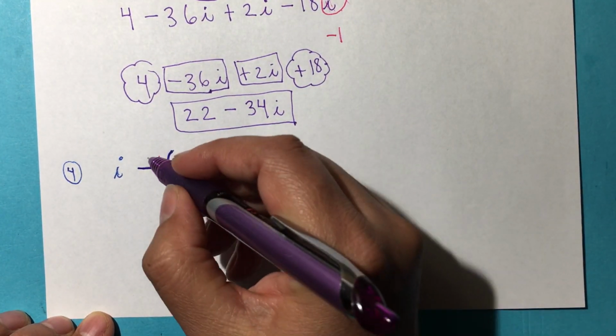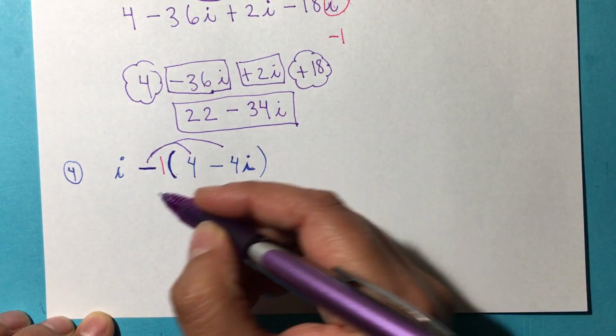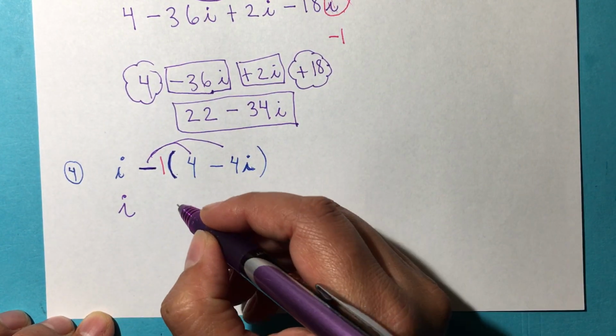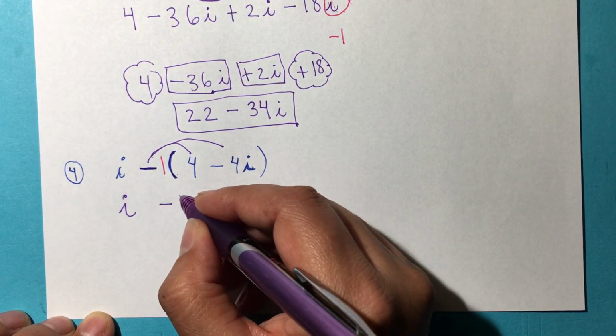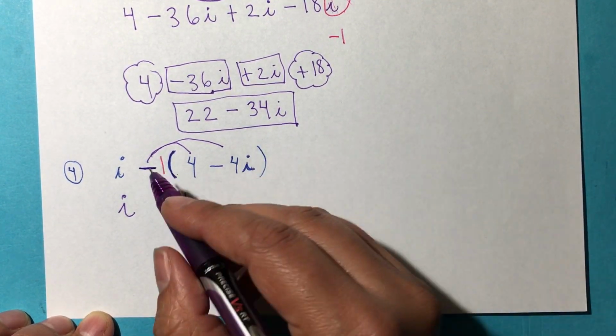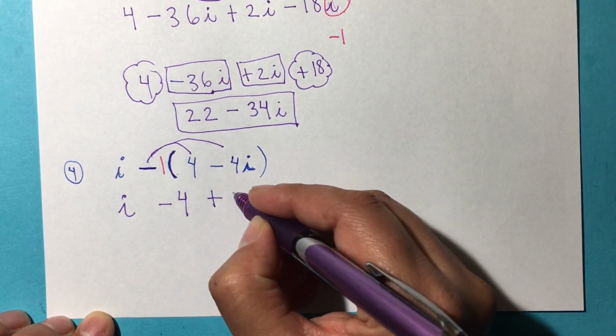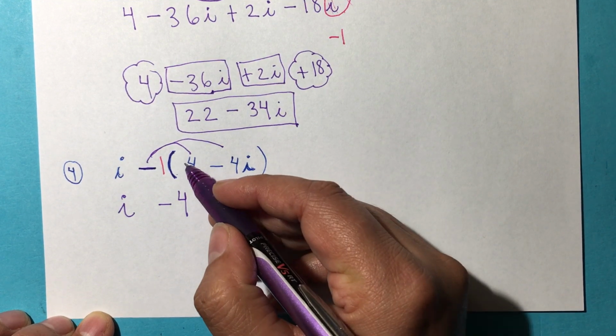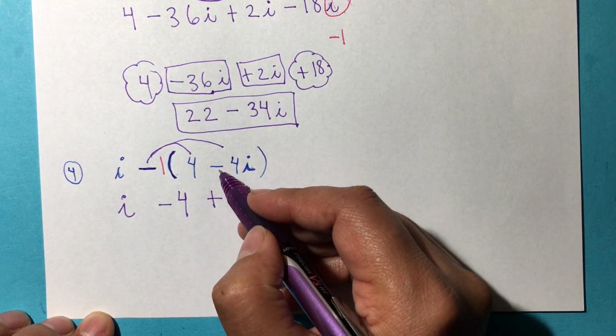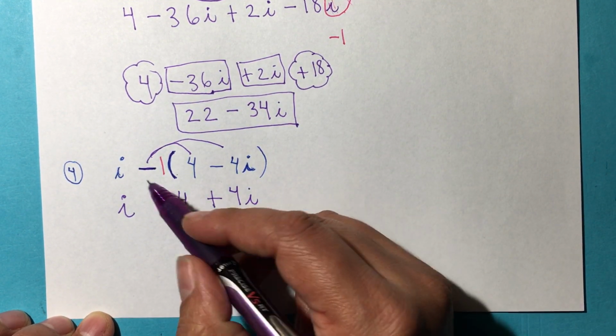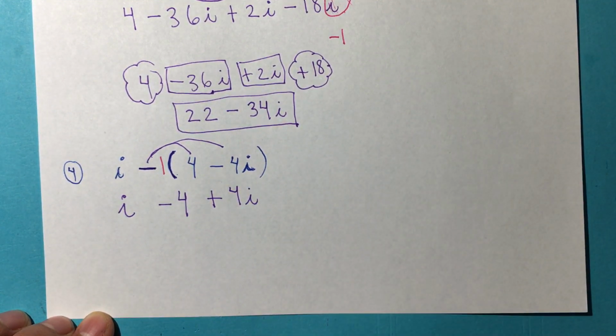Just the sign. And so we bring down the i. Negative 1 times 4 is negative 4. Remember that it just changes the sign. Negative times negative becomes positive 4i. Again, this was positive, now it's negative. This is negative, now it's positive.